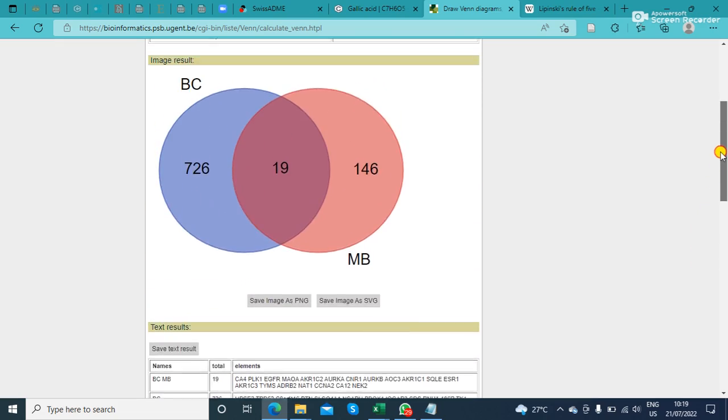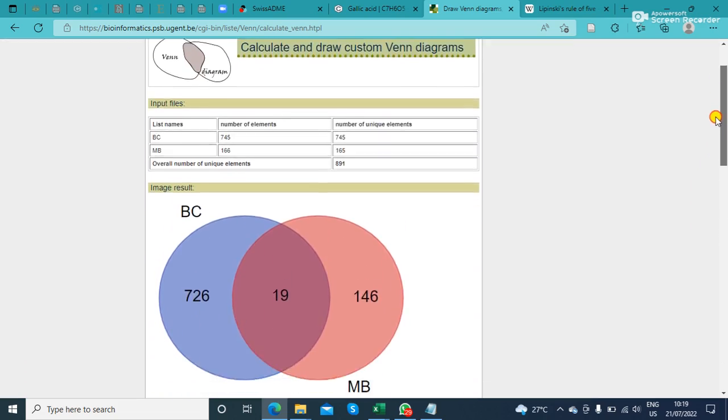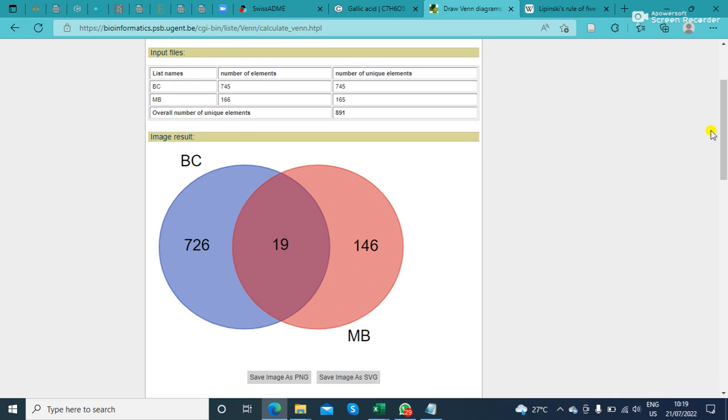So today, till now, we were able to find the common targets, both for our ailment, breast cancer, and for our plant, from which we want to make a drug, Macaranga bacteria.